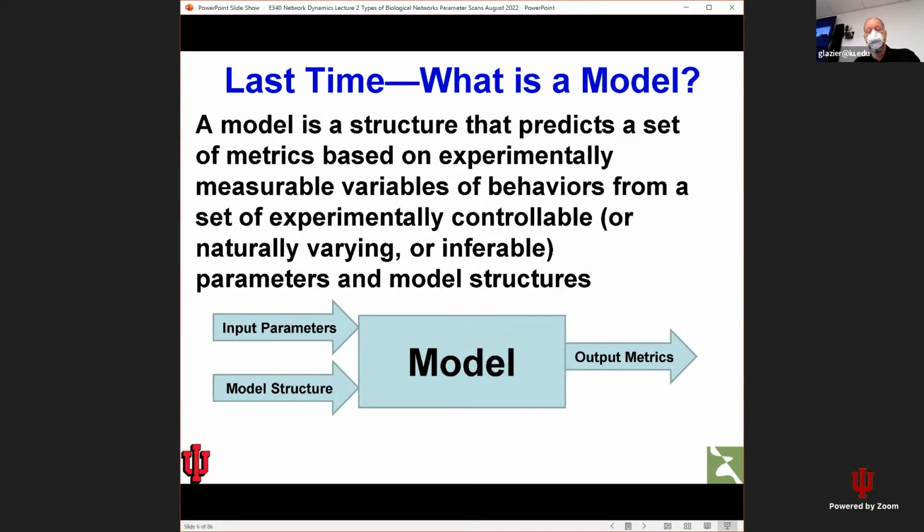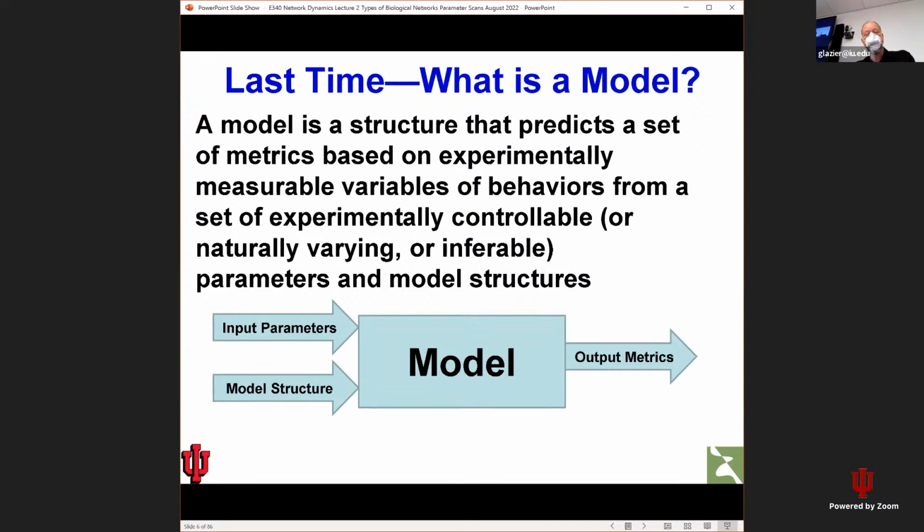And we also introduced the concept of what a model is, and the idea that a model consists of a structure, that would be something like a network diagram, plus a set of parameters, which could be initial conditions, rate constants, and so on. And that together, that concept of model structure and parameters gives us some set of output metrics.